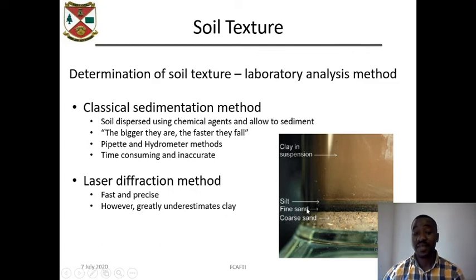Okay. If you look at this figure, the clay particles are still mixed with the suspension. This means that clay particles take a long time to settle. They usually take 2 hours to settle. Okay.